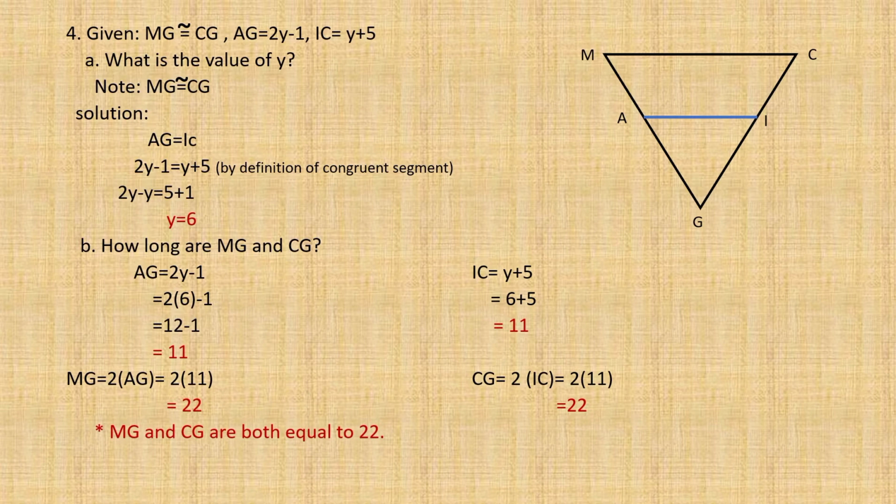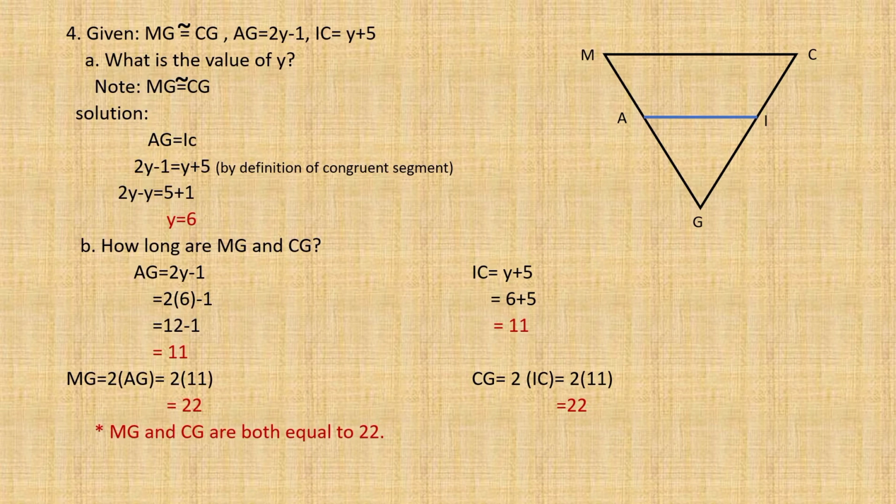So, 2 times 6 is equal to 12 minus 1 is equal to 11. So, since AG is equal to 11, that means MG is equal to twice the length of AG. So, therefore, MG is equal to 2 times 11, and therefore, MG is equal to 22.